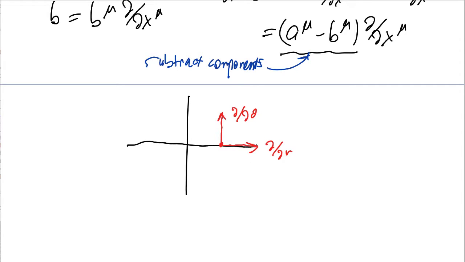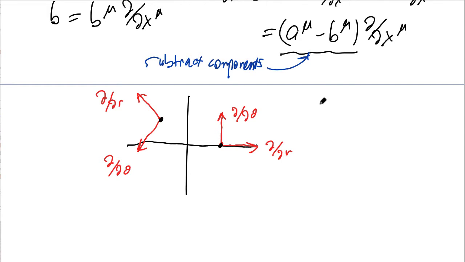But if we pick another point, say over here, then d by dr points in this direction, and d by d theta looks like this. All right, so we can't simply take a vector at this point and a vector at this point and subtract those two vectors by subtracting their components. That doesn't work. We need a more sophisticated notion of what it means to subtract vectors at two different points.